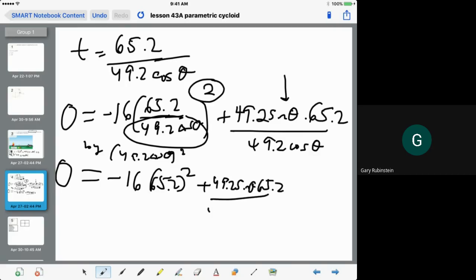It was originally this, but now I'm multiplying it by 49.2 squared cosine theta squared, or cosine squared theta. So what happens is that this 49.2 can cancel out with that 49.2, and this cosine theta can cancel out one of those cosine thetas.